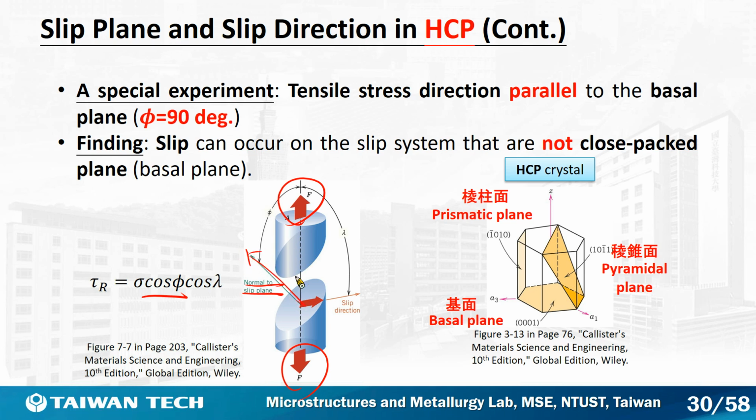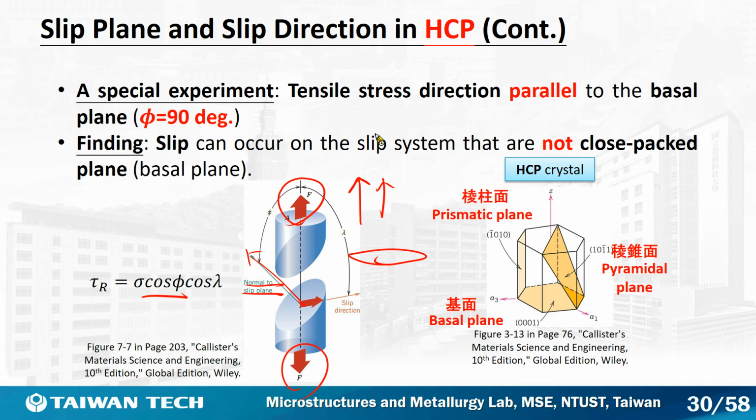So when the tensile stress direction is this one, and parallel to the basal plane, it means that the basal plane is here. And then the normal to the slip plane, this one. So these two will be parallel.